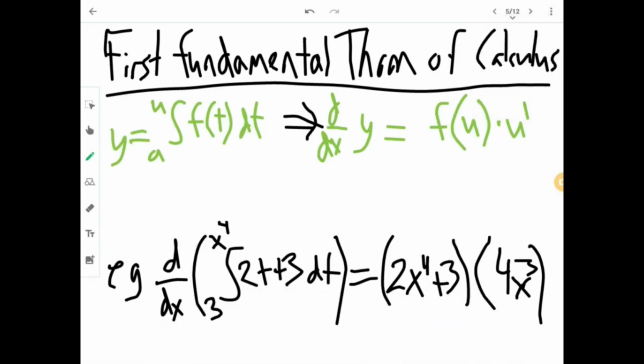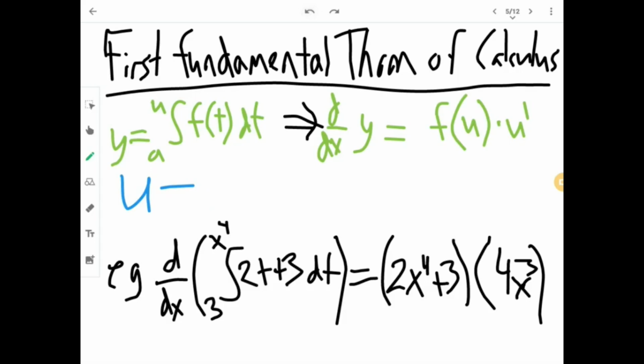Okay, so continuing with 5.3, the first fundamental theorem of calculus. This states that for the integral of f of t, where you have a parameter from a to u, which can be anything, like x or x squared, but I used u instead of x so you know what to do when you have something whose derivative is not 1.